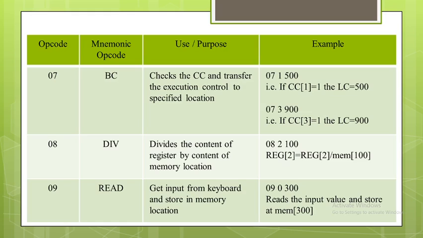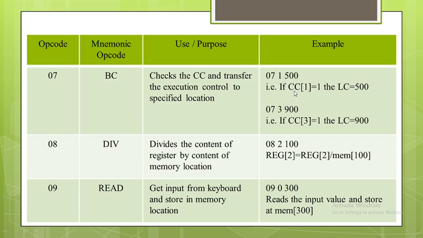The next opcode is 7 and the corresponding mnemonic opcode is BC. BC stands for branch on condition, which checks the condition code and transfers the execution control to the specified location. Now in this instruction, 07 stands for branch on condition. Here we are going to consider CC1.